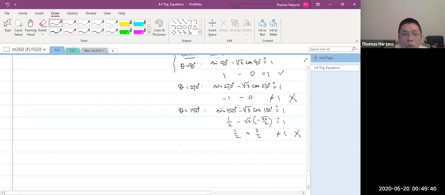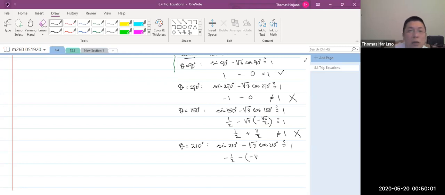How about 210? Sine 210 degrees minus radical 3 cosine 210 degrees. Is it equal to 1? Negative 1/2 minus radical 3 times negative radical 3 over 2.